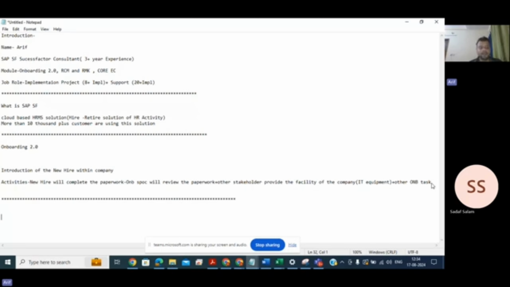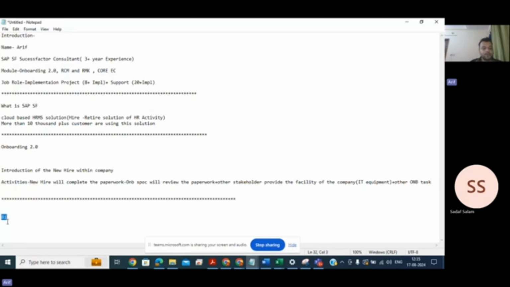Okay, and if you talk about the compensation, how much a consultant is getting in the job market. Any company right now, if you talk about the Big Four, I will categorize companies into certain categories.